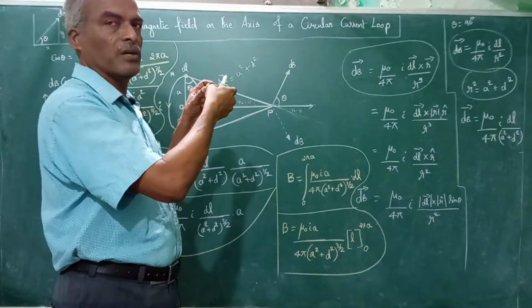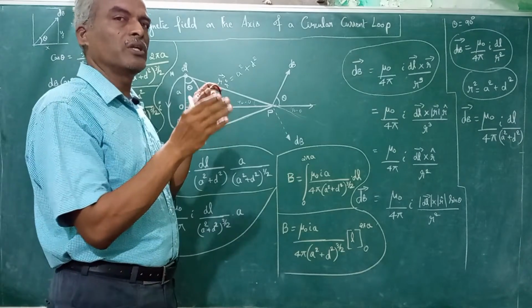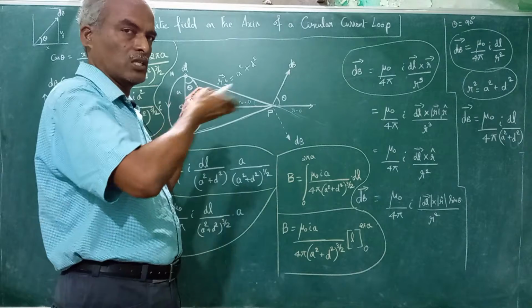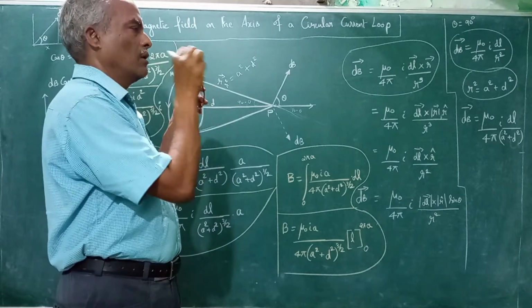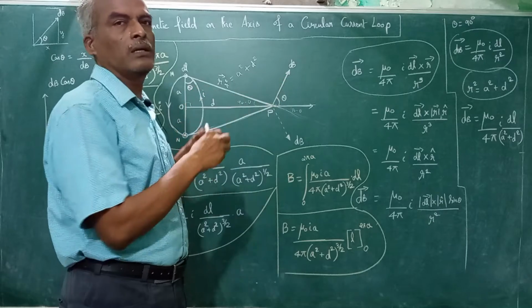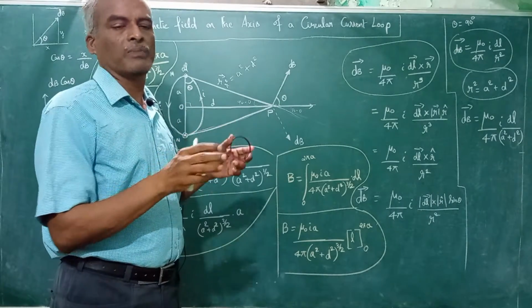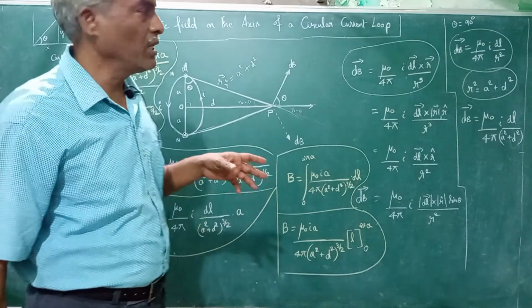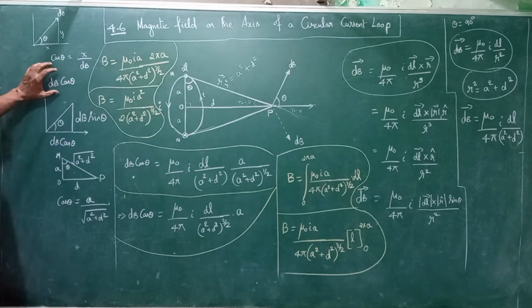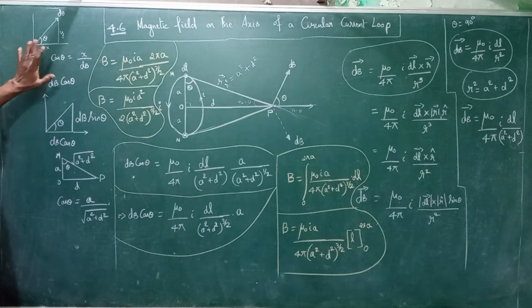Similarly, for each and every point, if you resolve into horizontal and vertical components, the vertical components get cancelled out. Only the horizontal components give the magnetic flux density. Vertical components get cancelled out. Therefore, you need not consider this dB sin theta. Only you have to concentrate on dB cos theta.